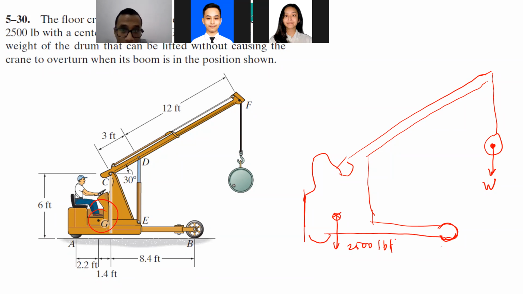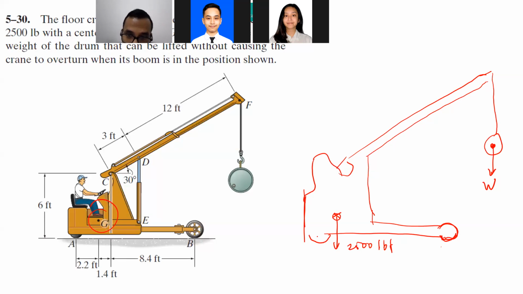Yeah, reaction force, in the shape of normal force, okay? So we will have AY and BY here. Okay, Audrey? Yes, sir. Now we have all the forces working on the crane, right?